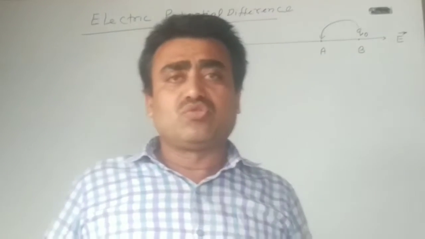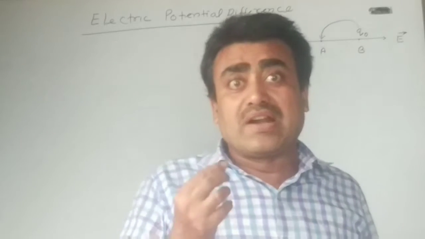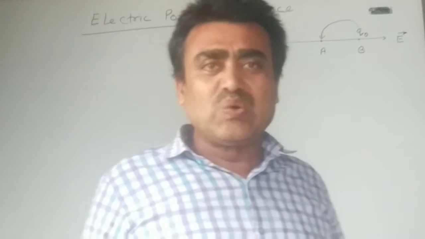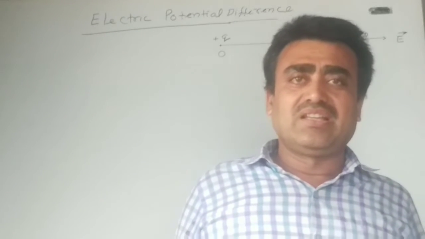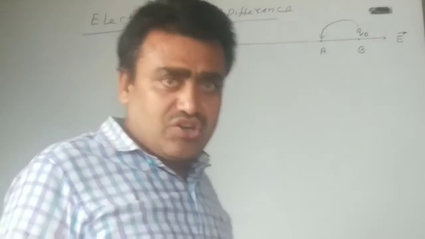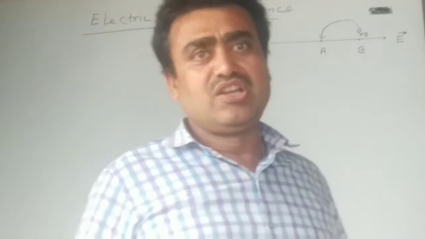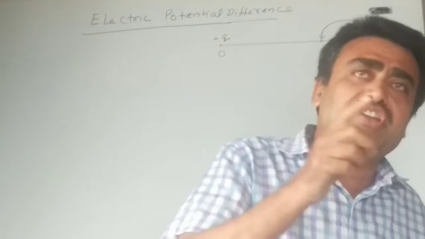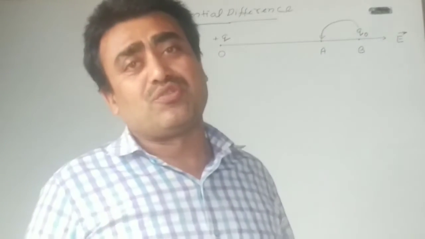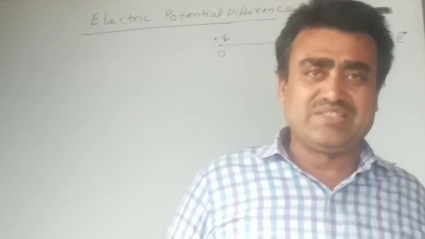First of all, the question arises, what is electric potential? The amount of work done in bringing a unit positive charge from infinity to any point of the electric field is called electric potential.